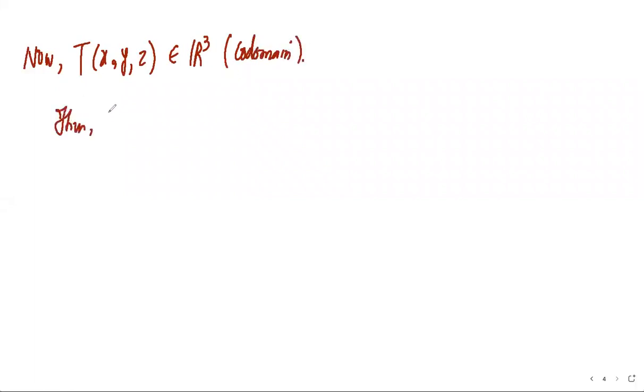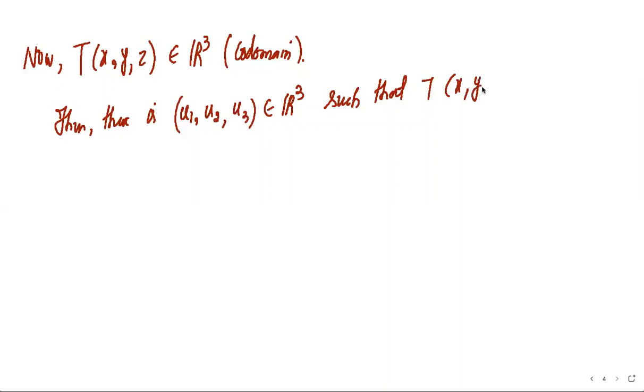Thus there exists some element, चलिए इस तरह से हम लिखते हैं, suppose u1, u2, u3 belonging to R cube, such that this T of x y z, जो हमने कोडोमेन से चूज किया, will be equal to u1 u2 u3. ठीक है, so now how is this mapping defined?